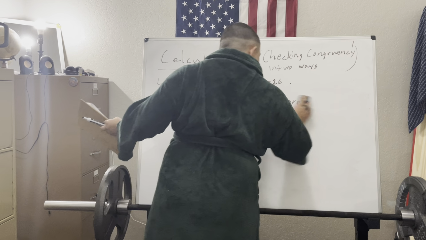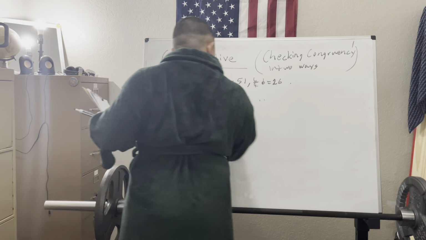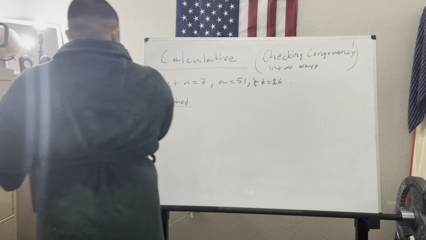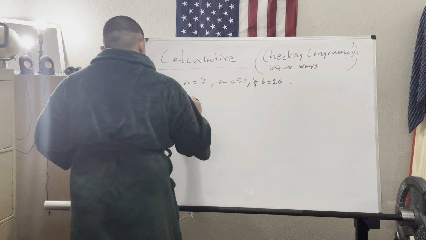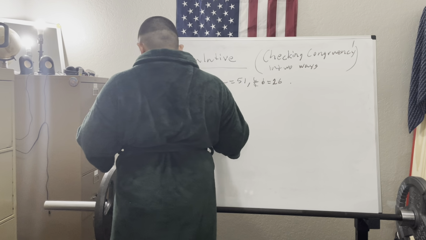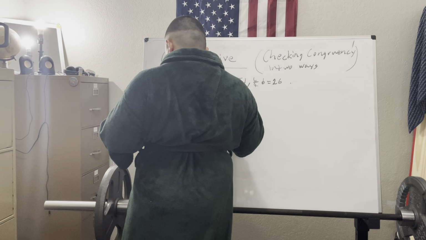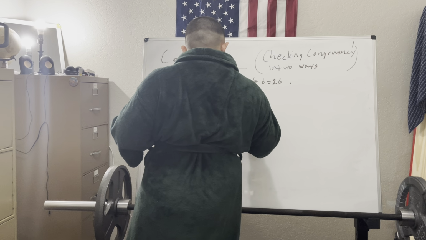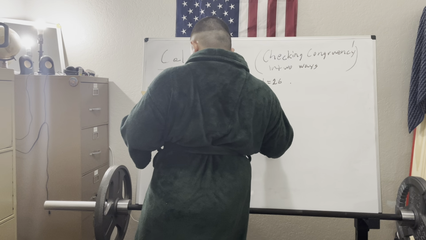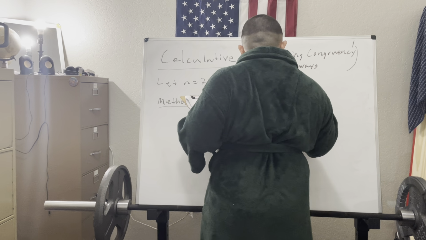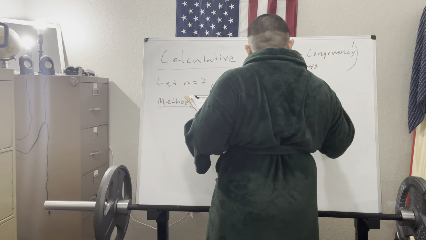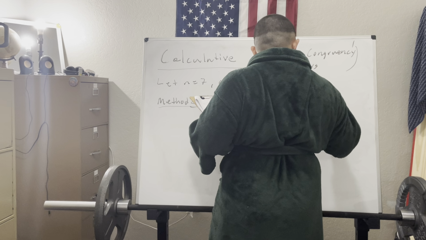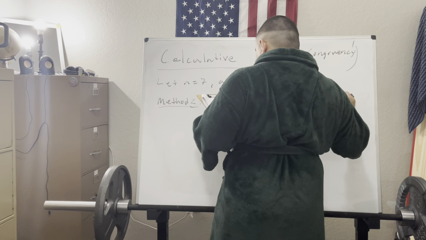Let's get to method 2. We look and see if we have the same remainder upon division by n.